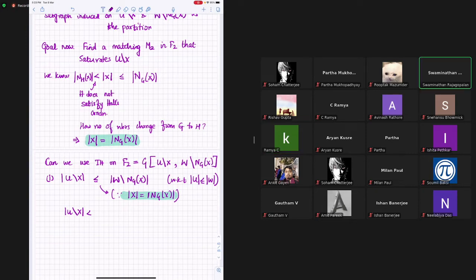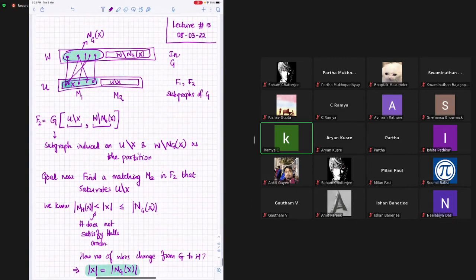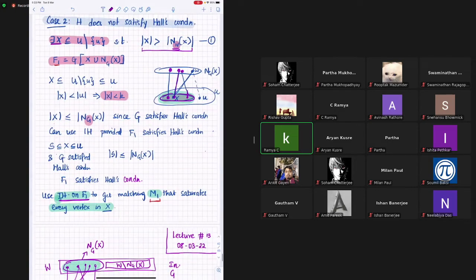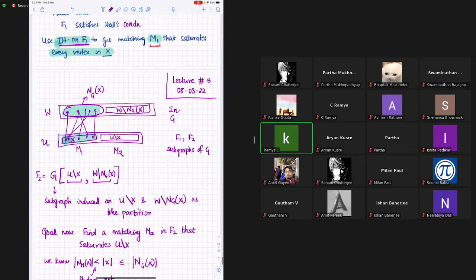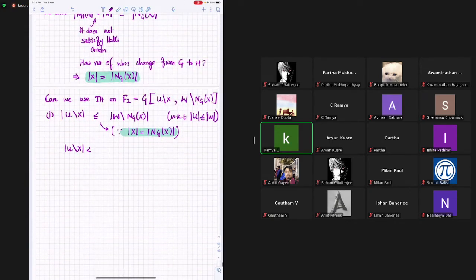Less than K. Right. So U minus X, so what was X? X was a subset of U, so already one vertex is removed. So definitely U minus X has cardinality strictly less than U, and this one has cardinality K. So it's just strictly less than cardinality K. This is because you know that X is non-empty.